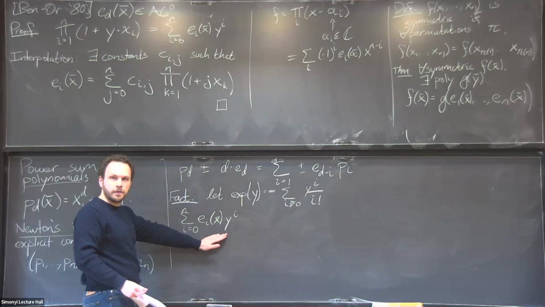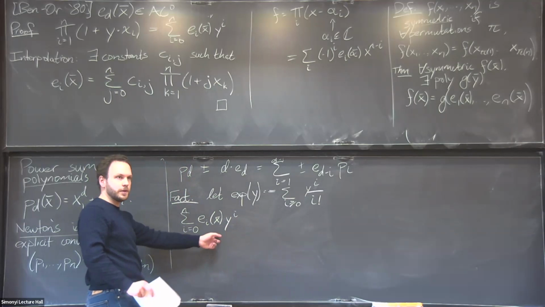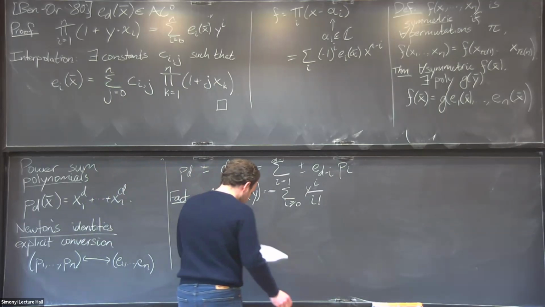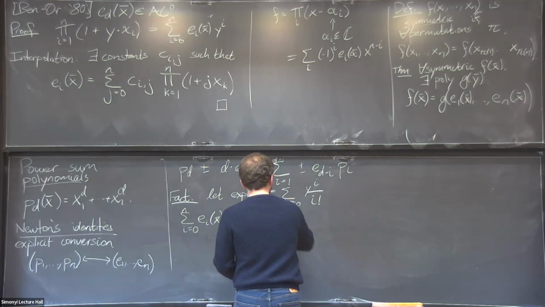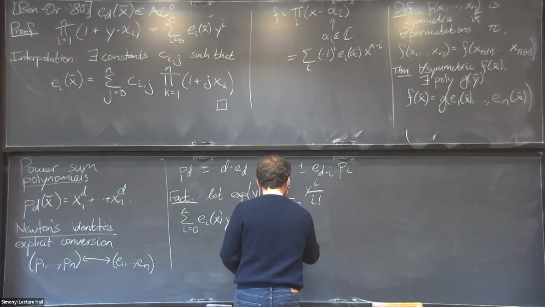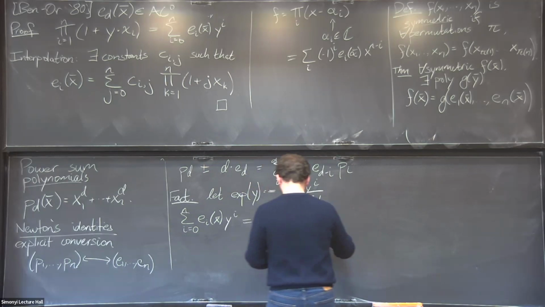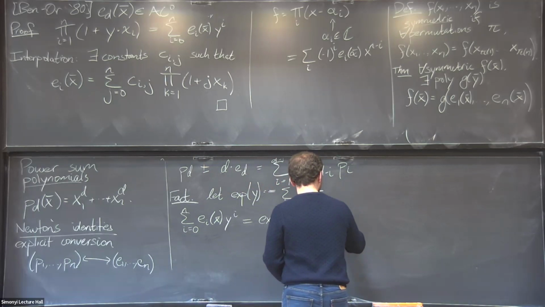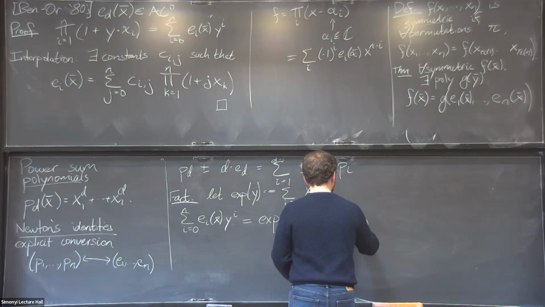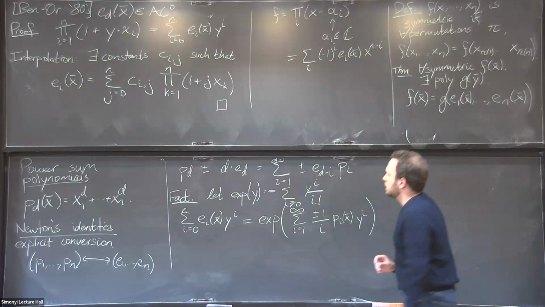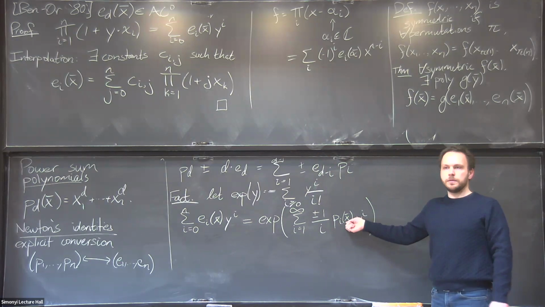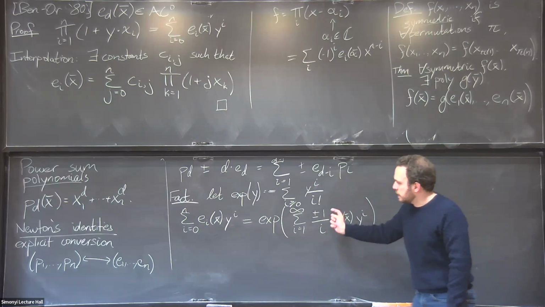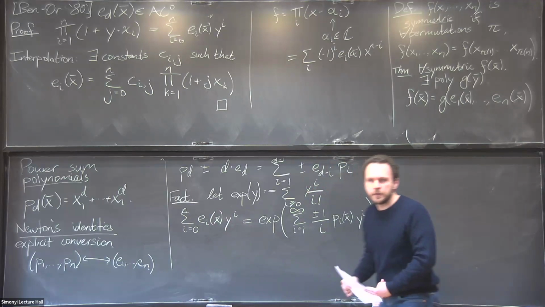On the left, I have the elementary symmetrics, the coefficients of this power series in Y. And on the right, I have something a little more complicated: an infinite power series in Y whose coefficients are the power sums. You take its exponential, and you get back the elementary symmetrics.